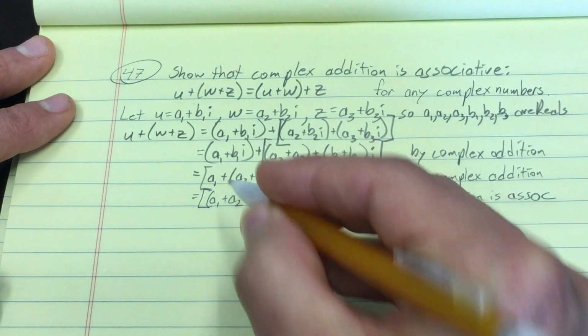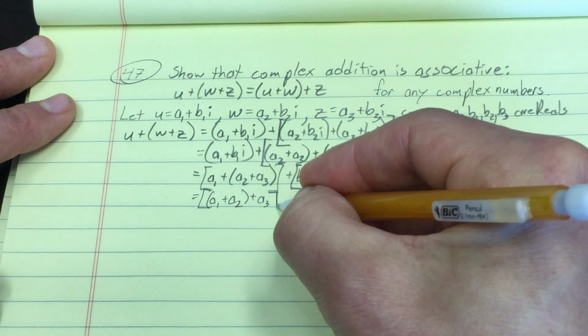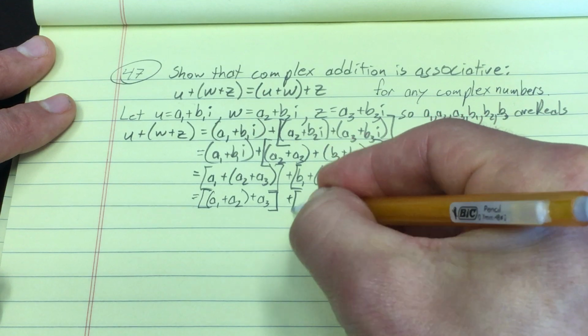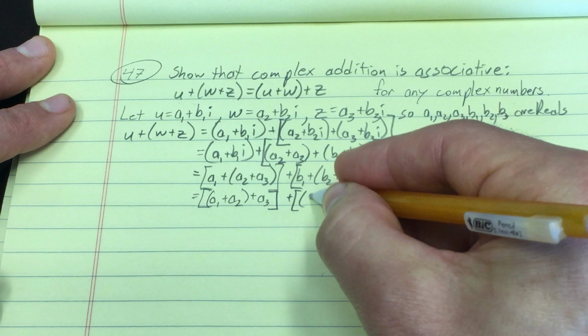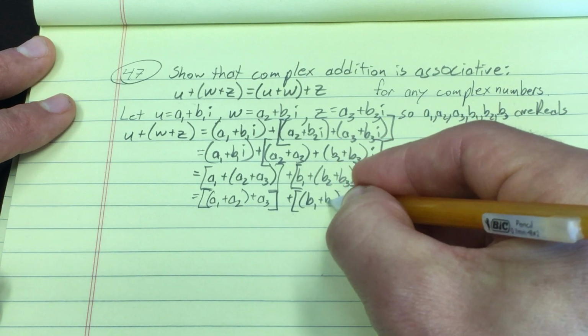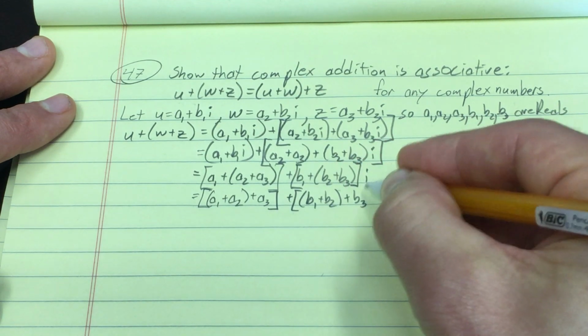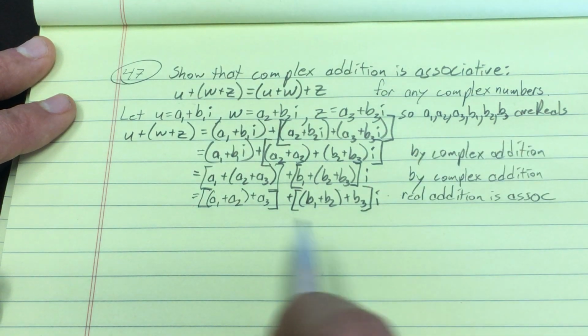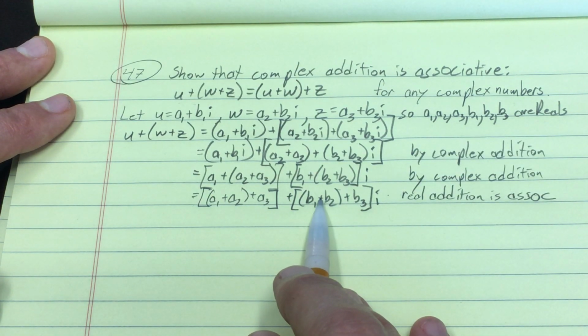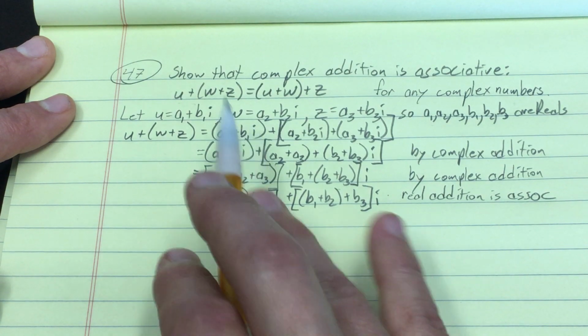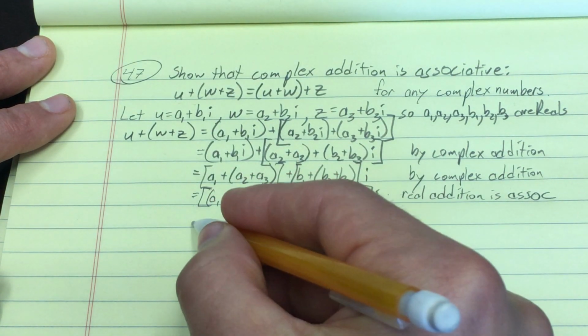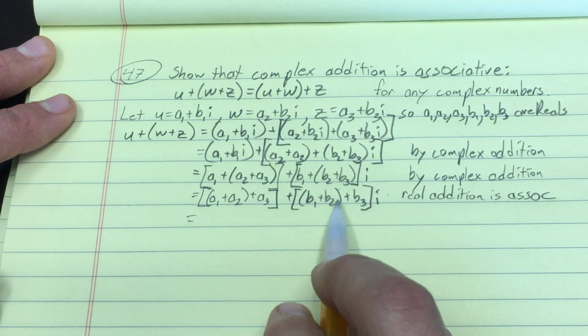And as long as real addition is associative, you can probably see where we're going here. Then this is going to be, by definition of complex addition, just this process with the parentheses in the other place. So what is this?